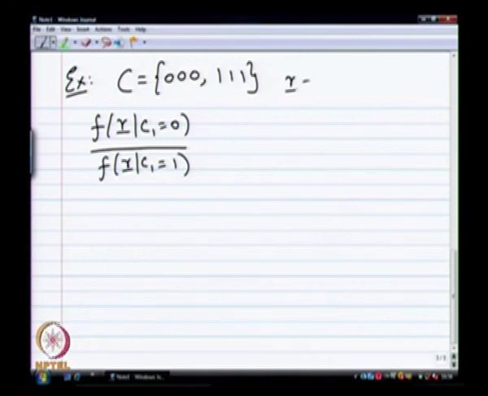Remember R is a general vector R1, R2, R3. How you evaluate this probability is important. How will I write the numerator? How can I express the numerator in any terms?